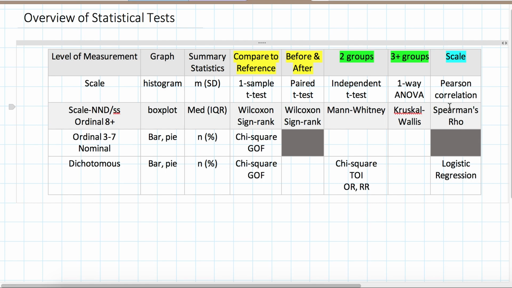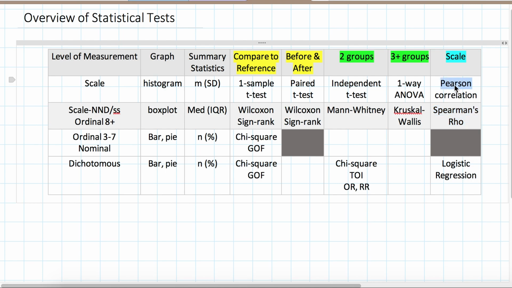And this is a little bit interesting because here for Pearson Correlation, we're looking at a scale by a scale variable. As soon as one of these variables becomes not normally distributed or ordinal, then really we end up treating both of those variables as if they're more of a ranked comparison.